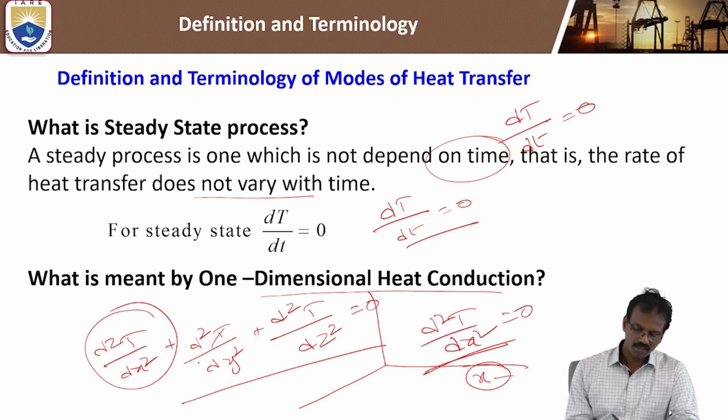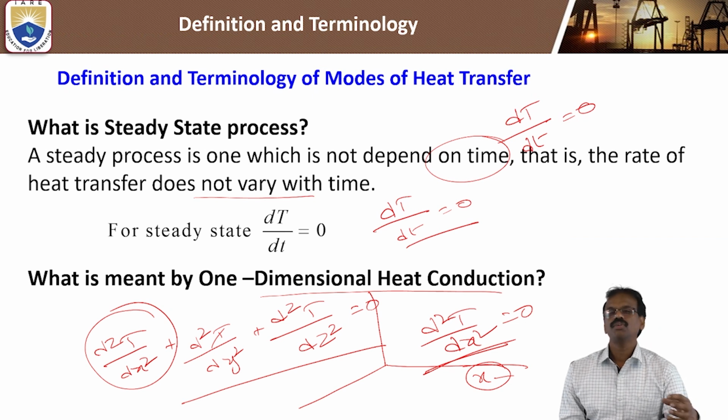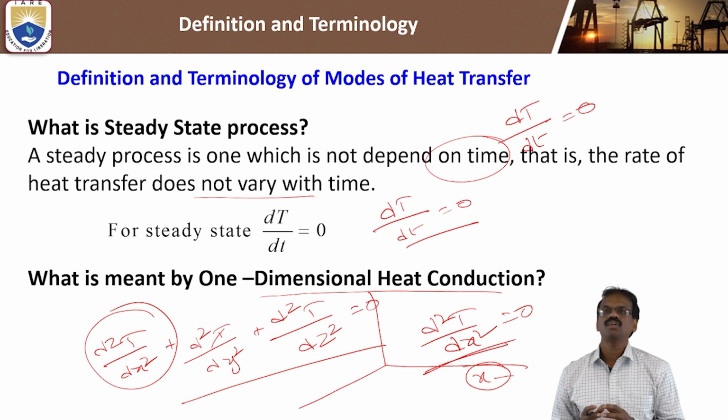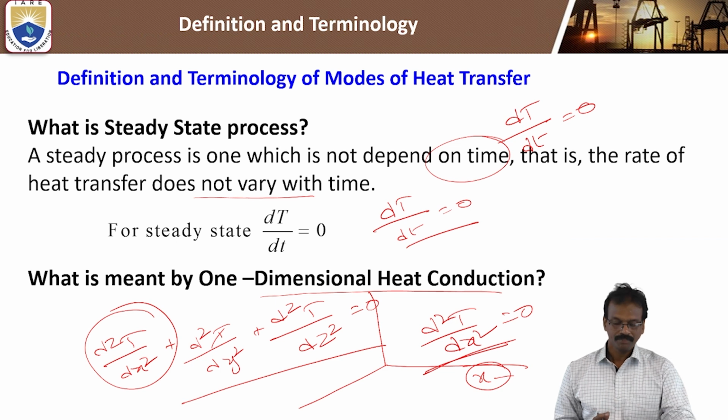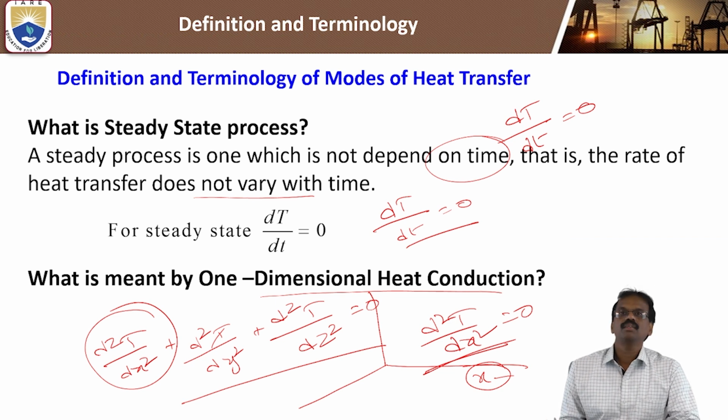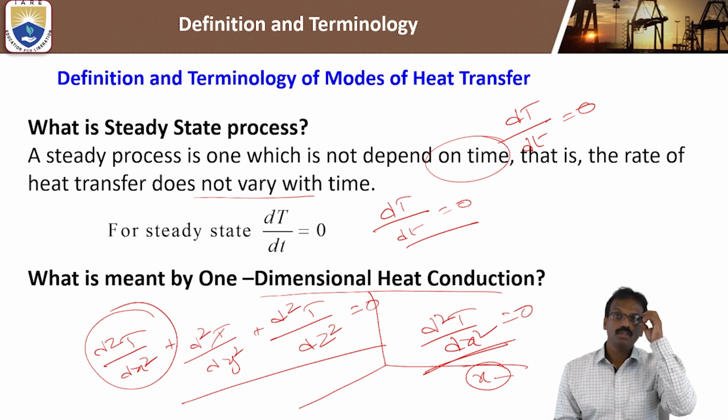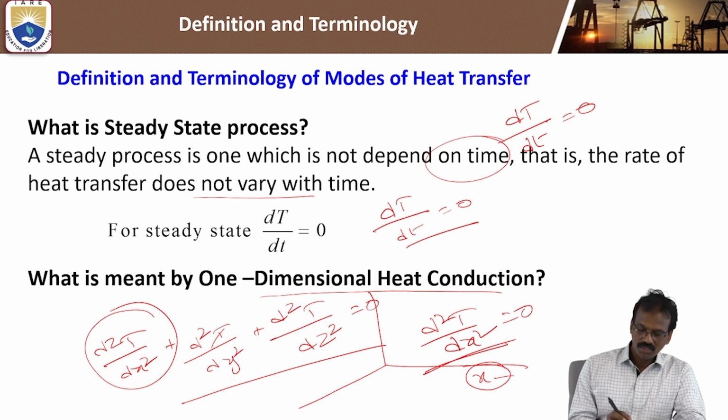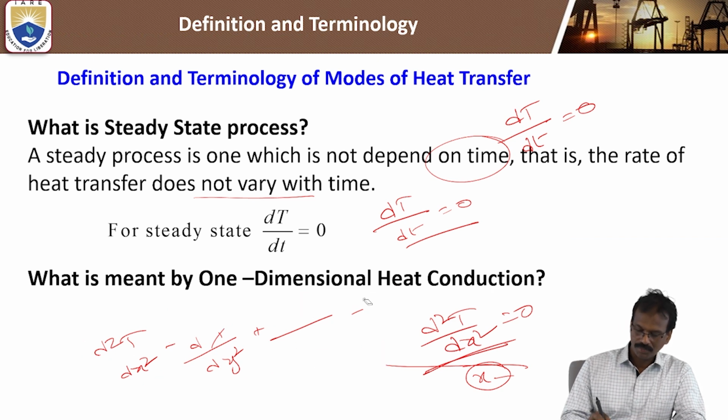We are neglecting the other directions and taking only one direction. If you consider d square T by dy square equal to 0, and d square T by dz square equal to 0, here we are considering only one direction, either x, y or z. This is called the one dimensional heat conduction equation.